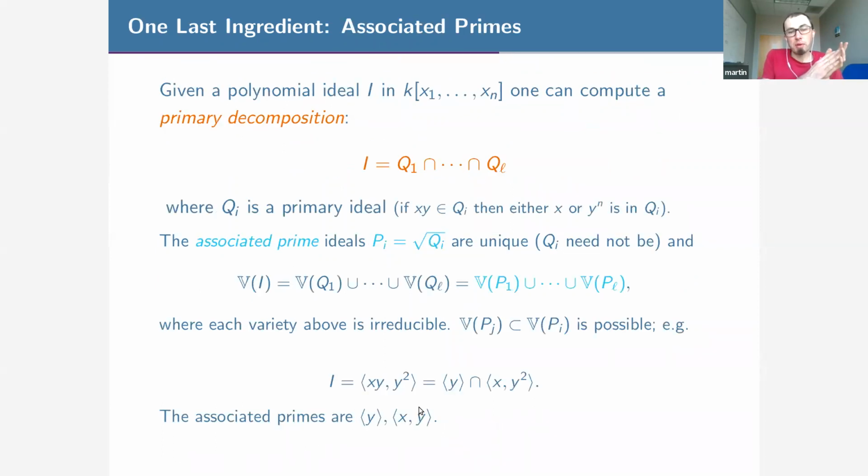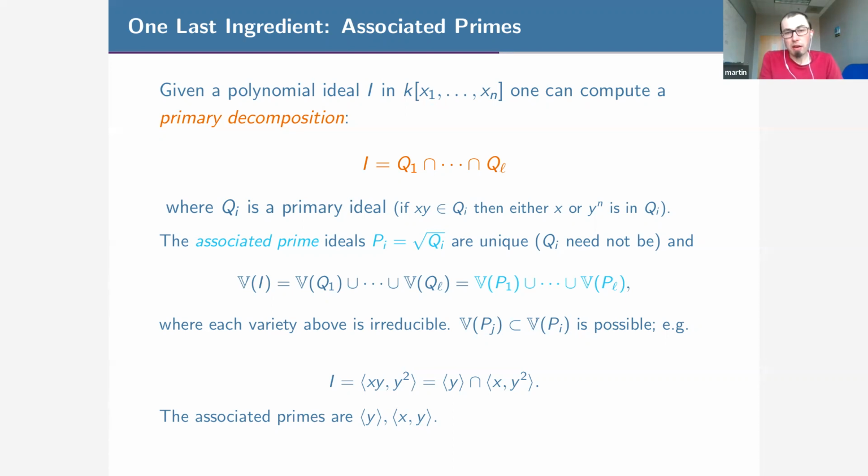Okay, and we have one more ingredient, which is fairly standard fare for commutative algebra, but again, I just try to introduce things so everyone is familiar. So given an ideal in a polynomial ring, we can compute a primary decomposition. That is, we write I as the intersection of some list of ideals, each of which is primary.